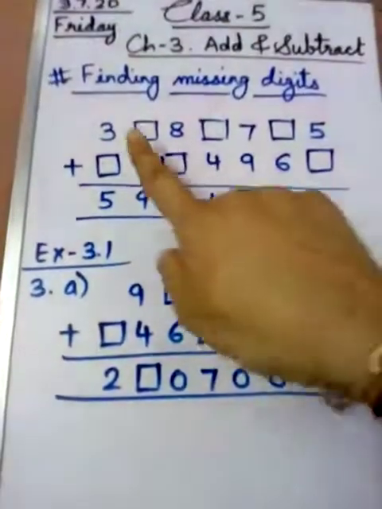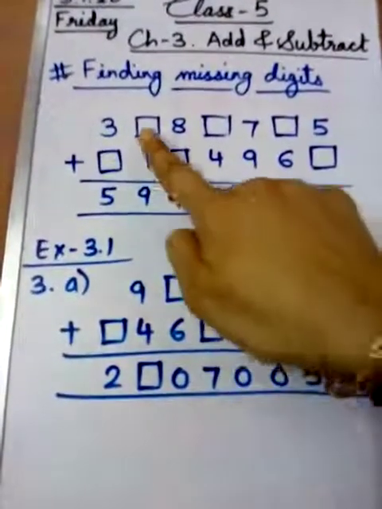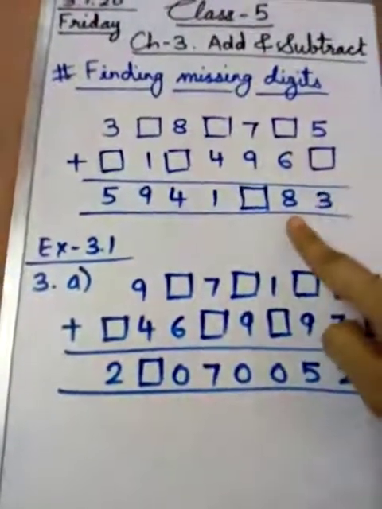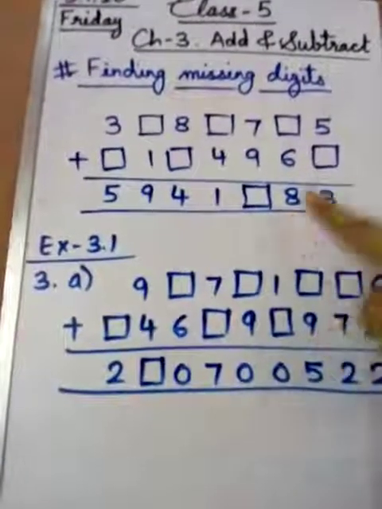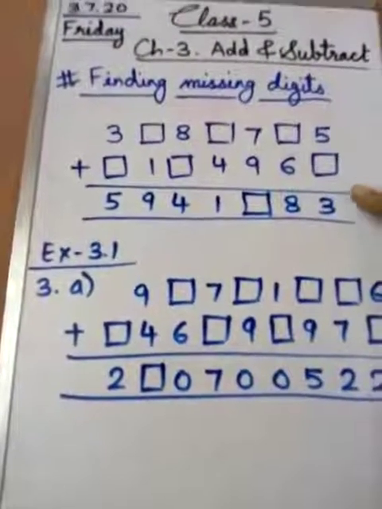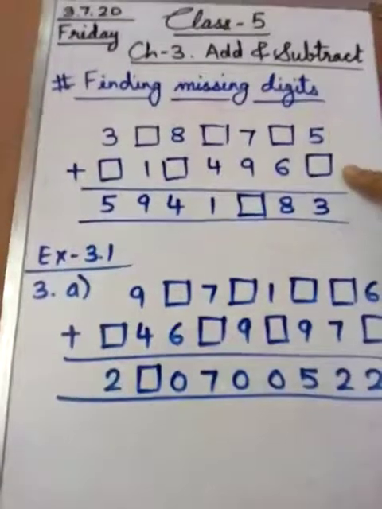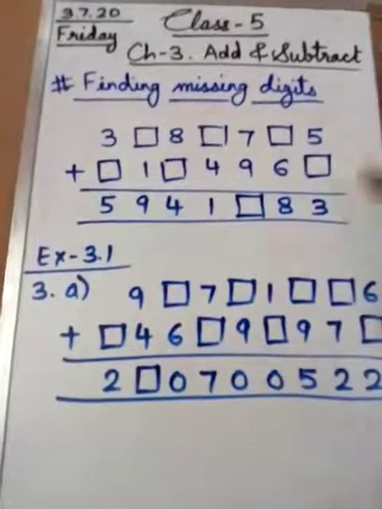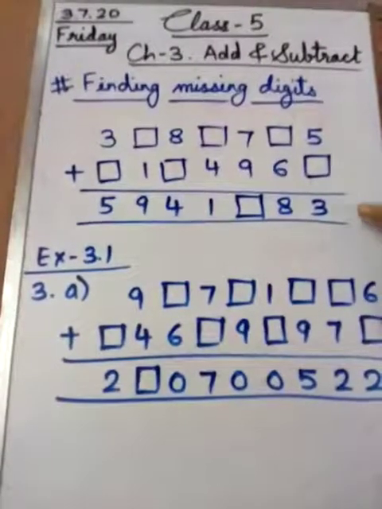In this question we have two addends and a sum where some boxes are present with no digit. Always start with the ones place. 5 plus what is 3? It is impossible, right? When we add we get a greater number.